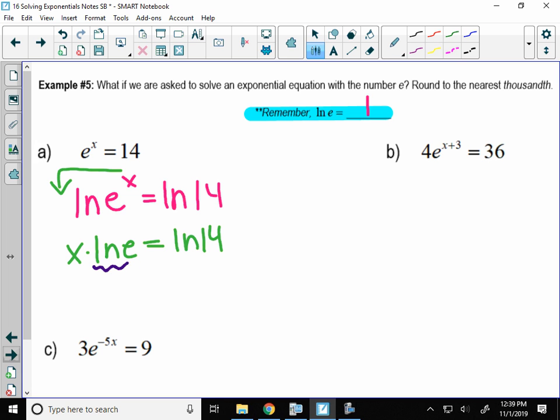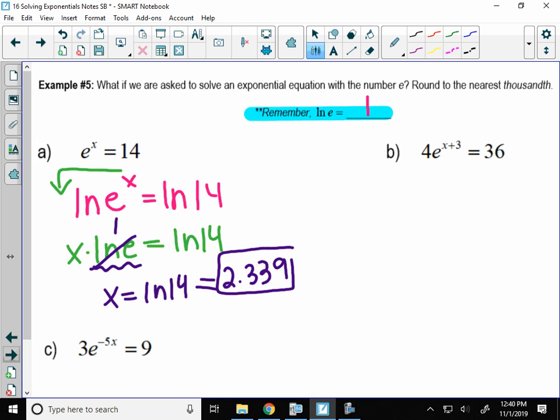So this whole thing right here is just 1. Well, does that change x at all? Is x times 1? No, so all you have is x equals natural log of 14, and if you put that into your calculator, you'll get the answer. What is it? There you go. So see, if you divide it by natural log of e, it wouldn't change your answer. It would just take more time.